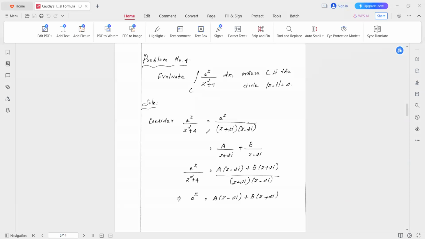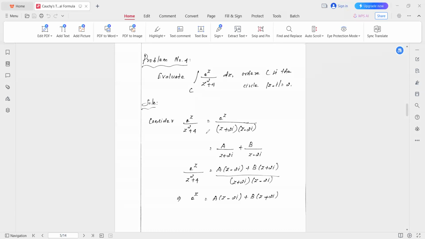Next we apply the partial fraction. So e power z by z plus 2i into z minus 2i can be written as some A by z plus 2i and some B by z minus 2i, because they are linear factors of degree 1.